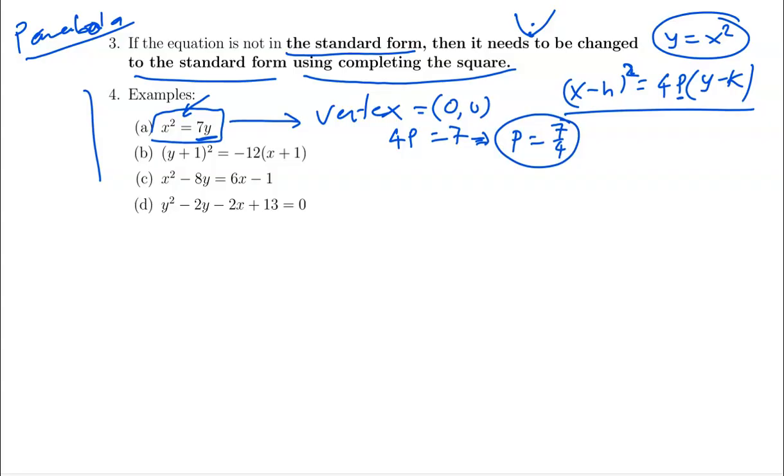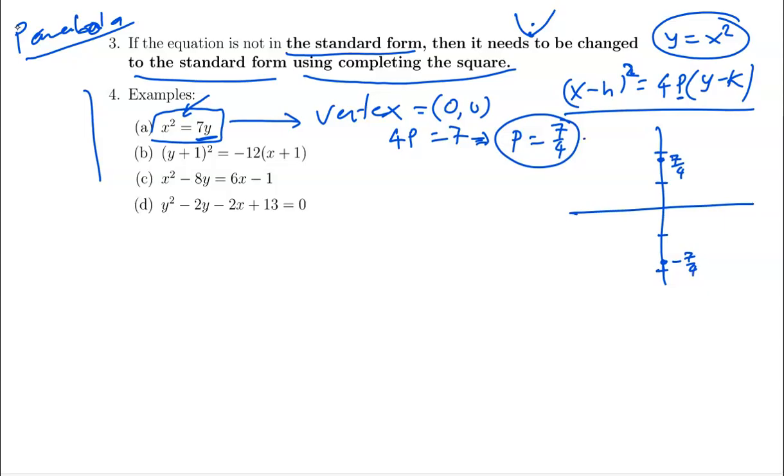So how do I draw this one? Since p is positive, it opens up. So your focus is going to be 7 fourths. So 7 is like this, 1, 2, 7 fourths is somewhere here. So that's your focus. And then I'm going to go 1, 2 down here too, and that's negative 7 over 4, because that's the same amount you need to go down, right?